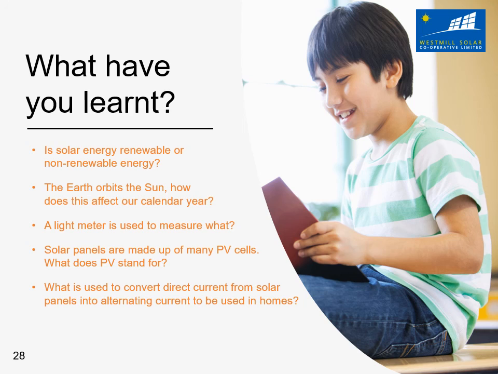What is used to convert direct current, DC, from solar panels into alternating current, AC, to be used in homes? We use an inverter. And finally, I know you know this one because we've been over it, what term is used for a group of solar panels grouped together? It's known as a solar array.